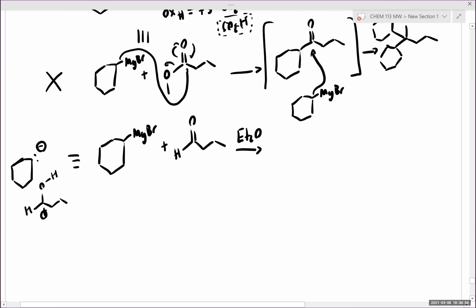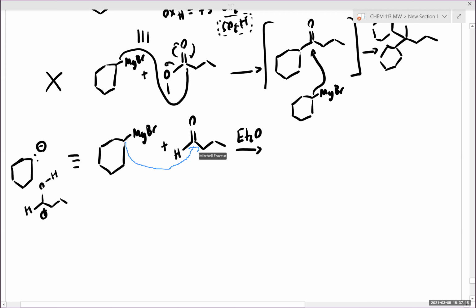Would anyone like to try drawing the product, drawing an arrow pushing mechanism for what will occur in this drawn reaction? Or would anyone like to share in the chat what product we would see from this step?